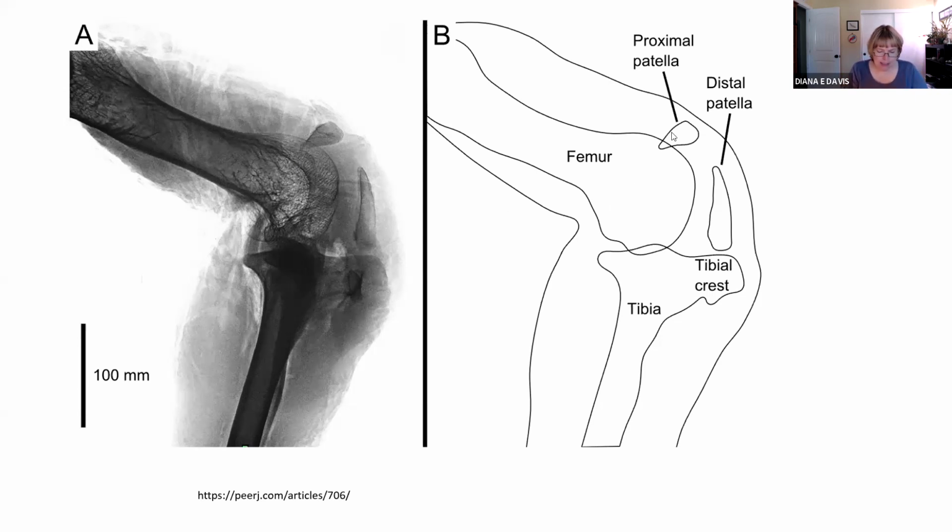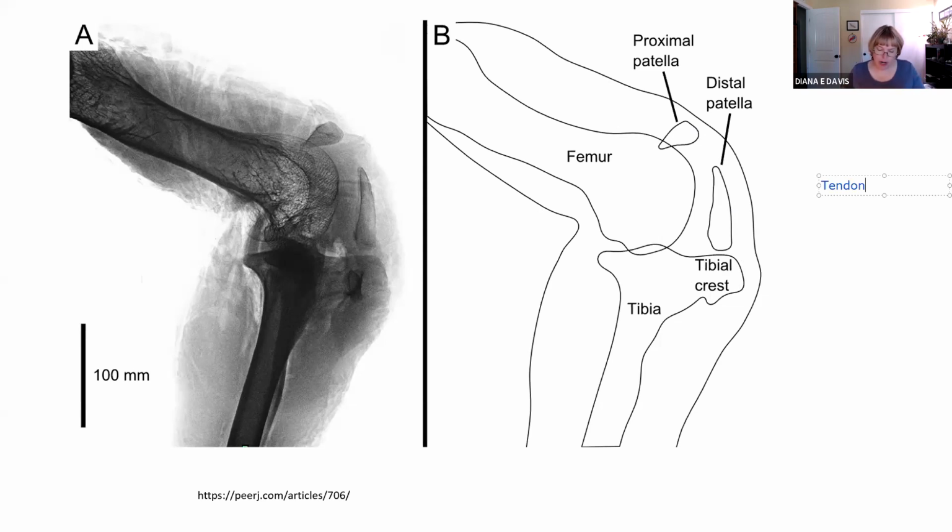And what we think is going on is that the tendon that connects the tibial crest here, the top part of the tibia, to the femur, goes over in front of these two patella. And what this does is it allows this tendon to store energy, kind of like a stretched rubber band.